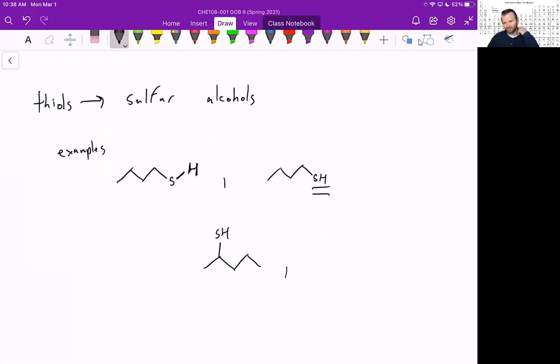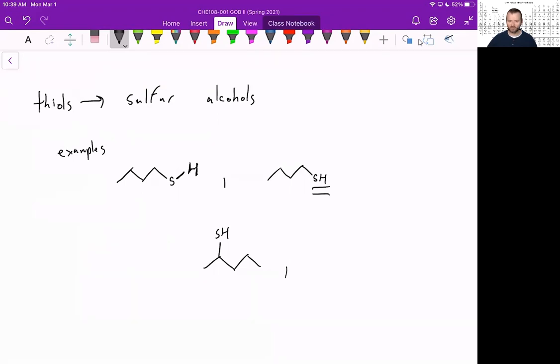Sulfur-containing thiols in general have a rotten egg kind of smell. Thiols are stinky. They have an unpleasant aroma. It's a common mistake to think that natural gas or propane have odors. They actually don't. They're odorless. It's just that they are spiked with small amounts of methane thiol, I think.